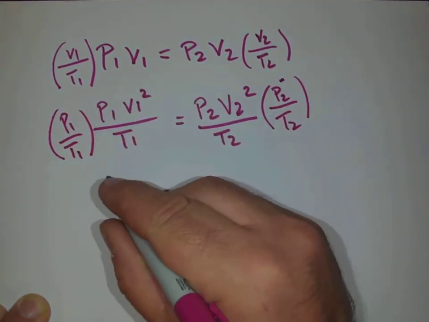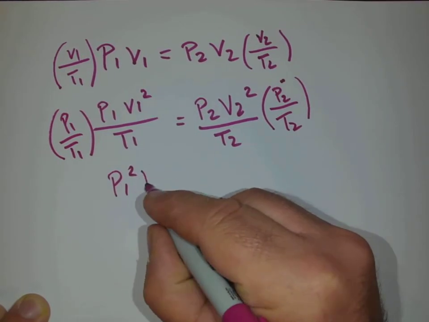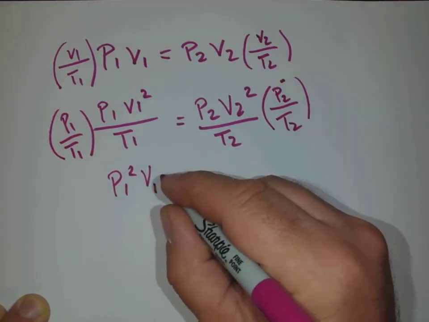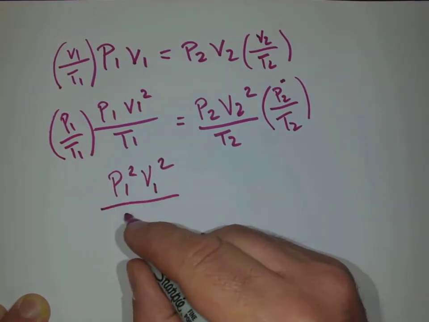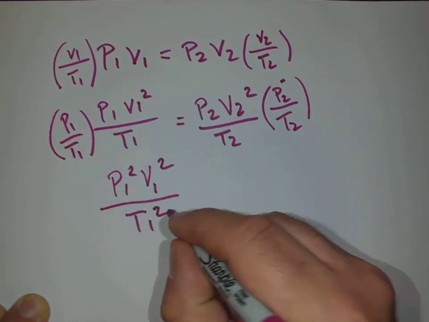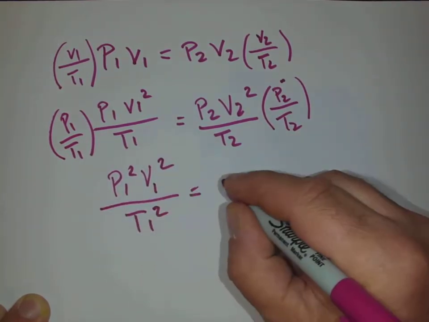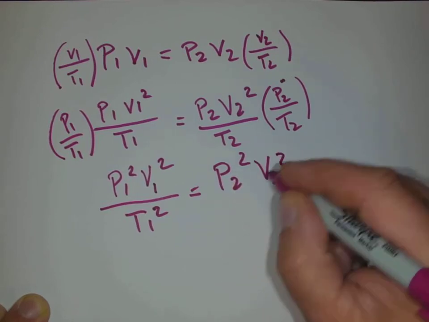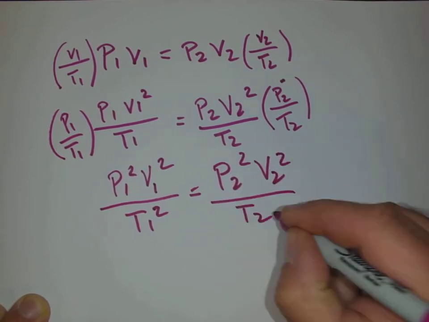Okay, we get P1 squared times V1 squared. That does not change, so T1 squared equals P2 squared times V2 squared over T2.